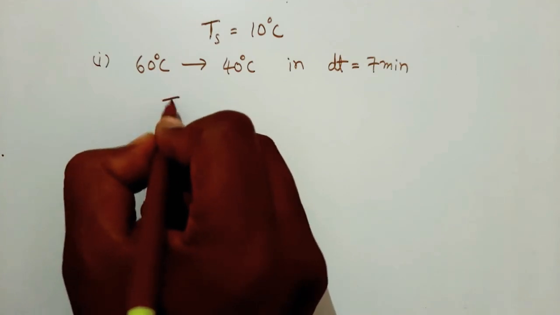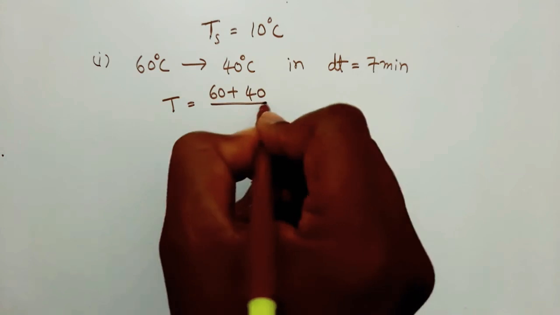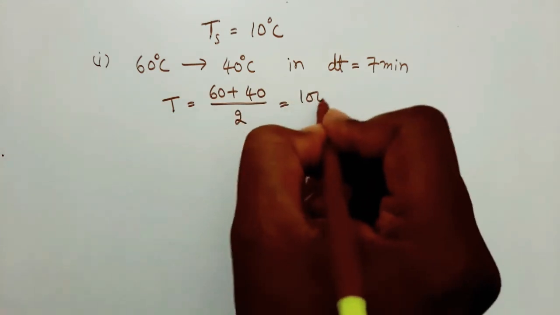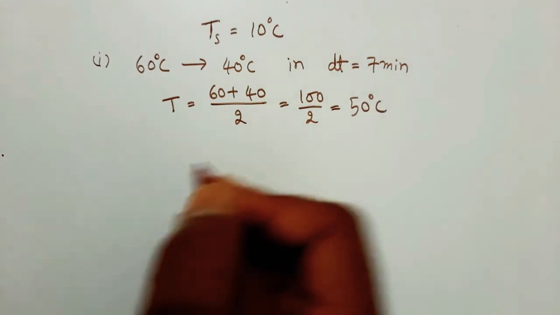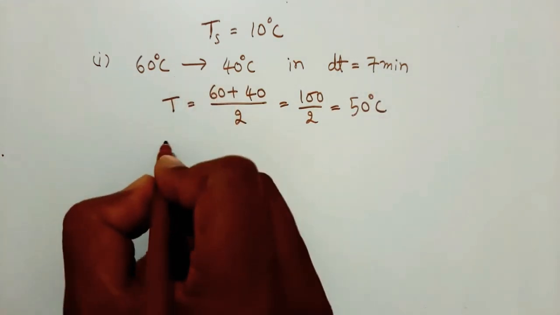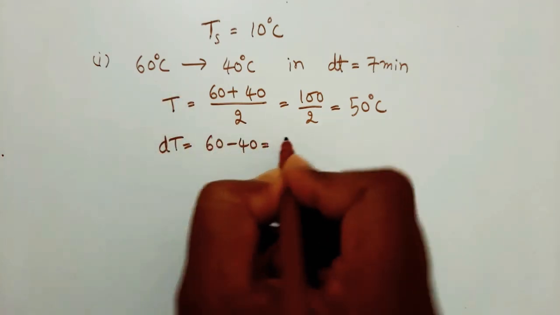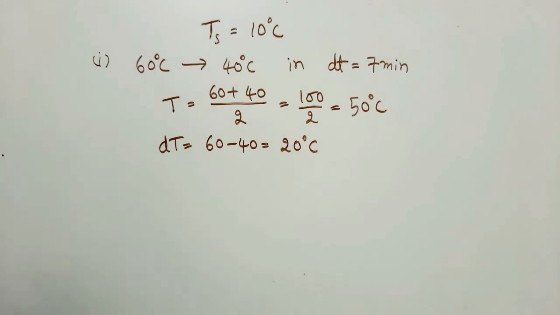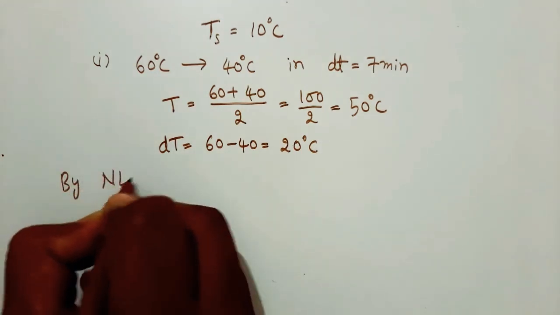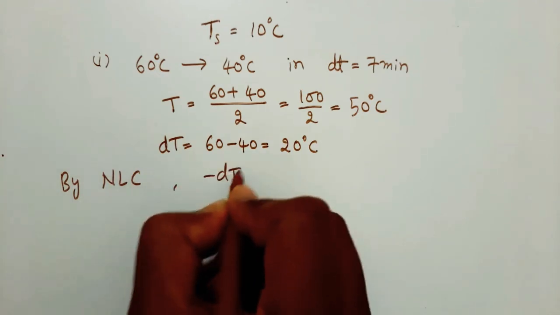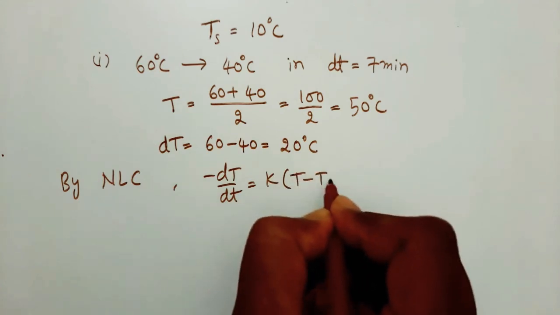Here the average temperature capital T is equal to (60 + 40)/2, that is 100/2, equal to 50 degrees Celsius. And the temperature difference dT is equal to 60 minus 40, that is equal to 20 degrees Celsius. By Newton's law of cooling, minus dT by dt is equal to k into (T minus Ts).